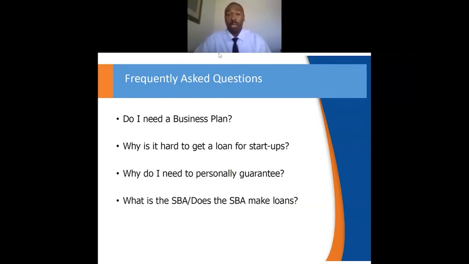Or maybe on a startup business, a lot of startup businesses go out of business, right? So in order for us to feel comfortable to minimize our risk, we'll get SBA involved. The SBA will guarantee the lender up to a certain percentage of the guaranteed loan amount if the business goes out of business, right? So that's where that comfort comes in. That's why, as lenders, we get SBA involved.